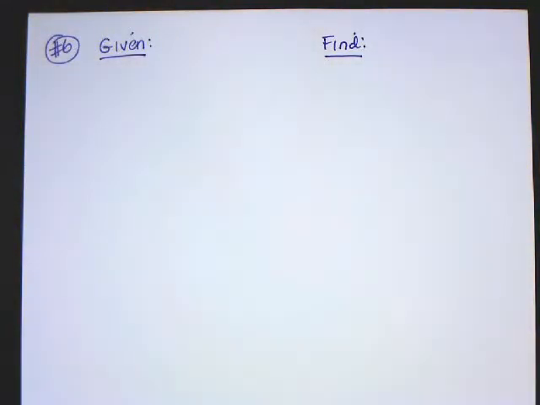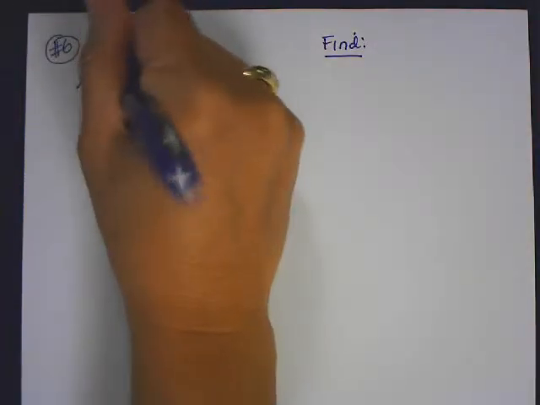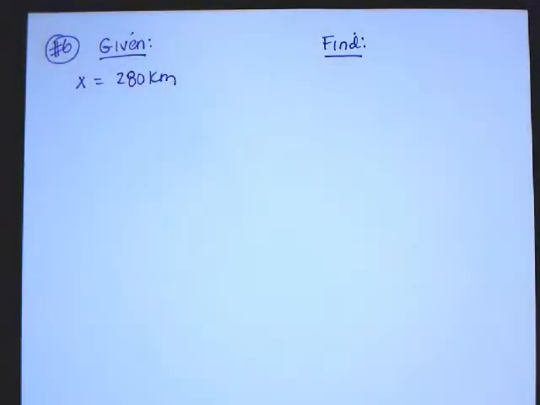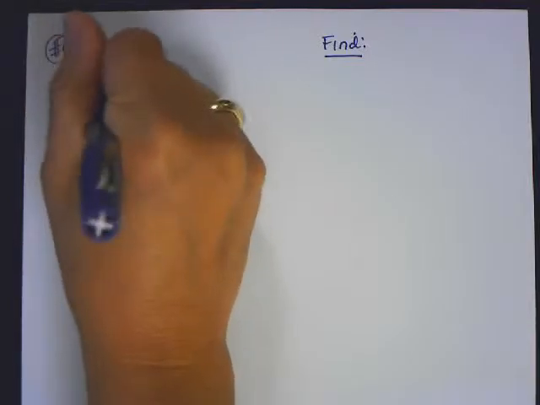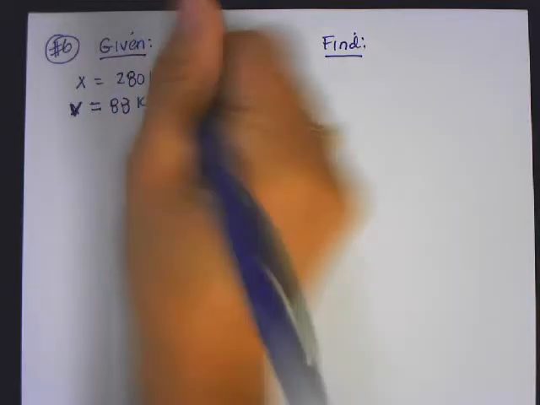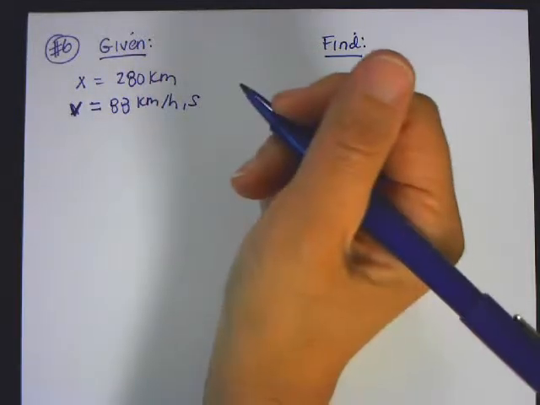So it says a bus travels for 280 kilometers, so that's how far it goes, along a straight path at an average velocity of 88 kilometers per hour to the south. The bus stops for 24 minutes.